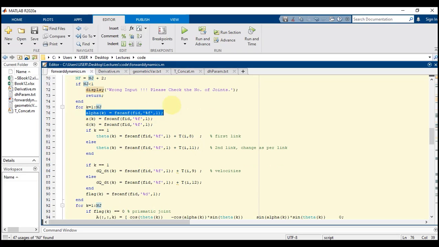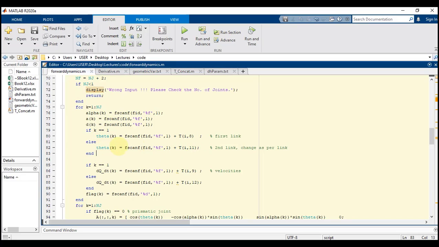Alpha is read from the file, A is read, D of k is read. For the first link, that is if k equal to 1, theta 1 is nothing but this value plus Ti of 8. Ti of 8 is the value present in the 8th column.